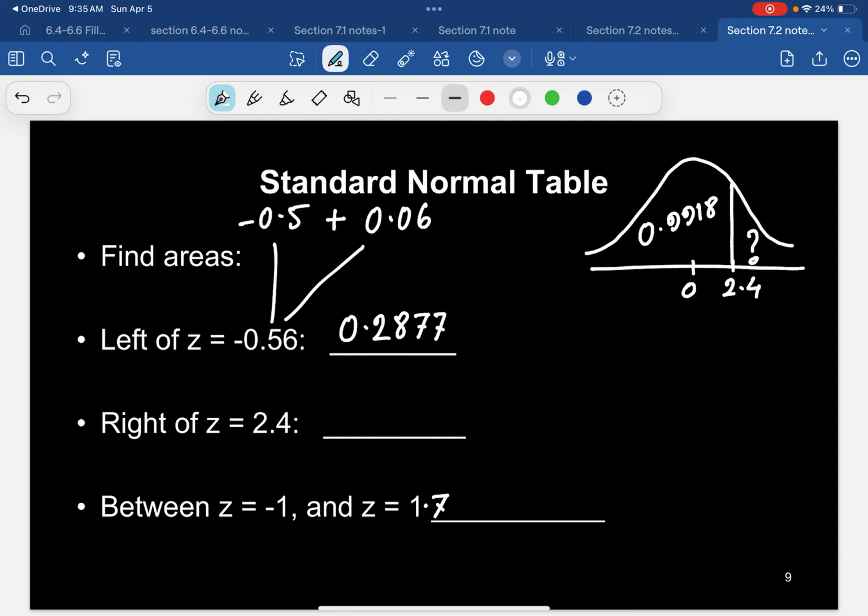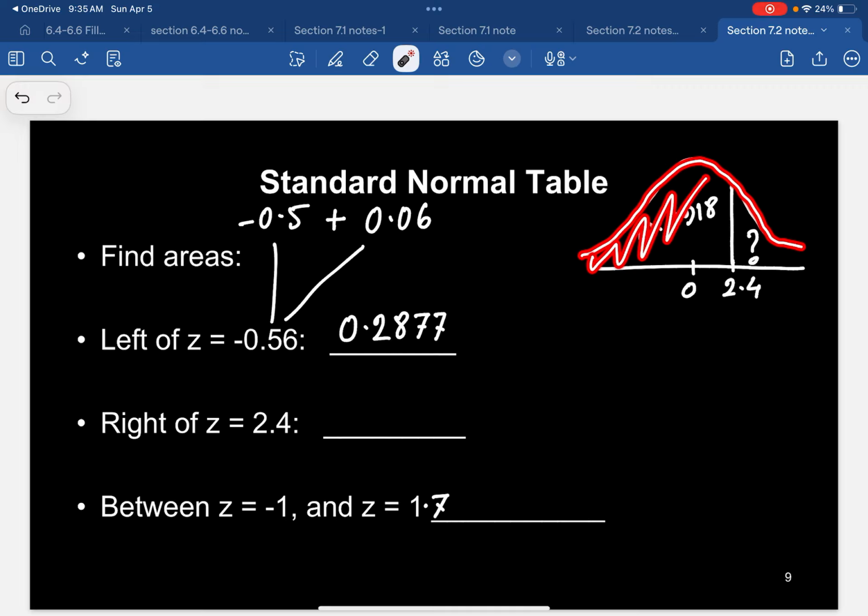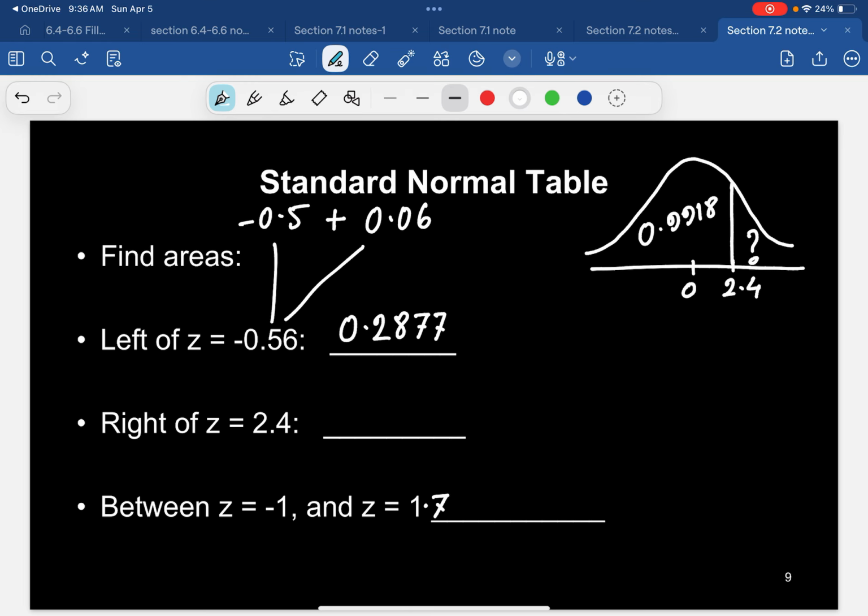Now, since we know how much is on the left, how do we find how much is on the right? You have to use your common sense, guys. I told you that the whole area under this curve and above the x-axis, the whole area is 1, right? Since the left side is this 0.9918, the right side of 2.4 should be 1 minus the left side.